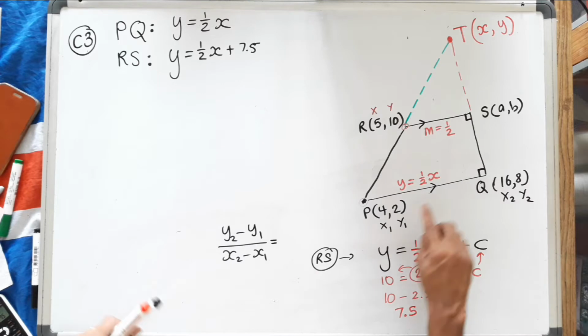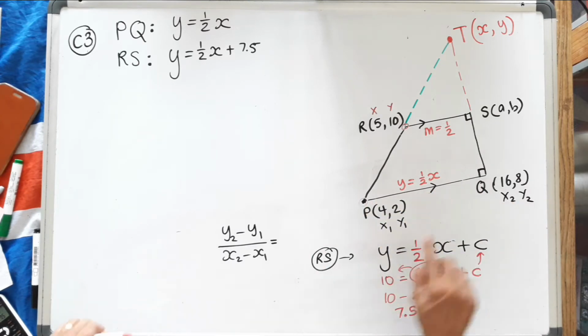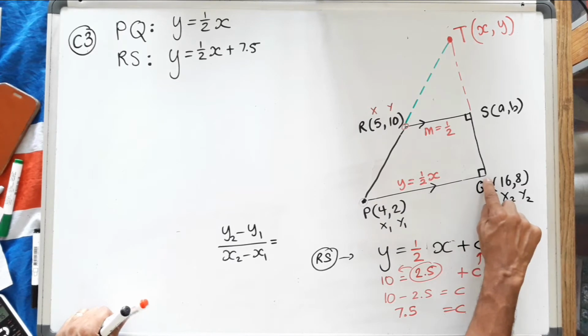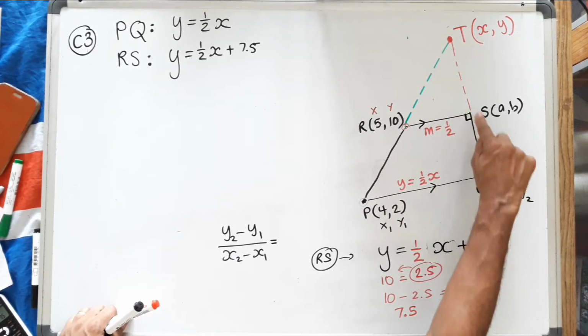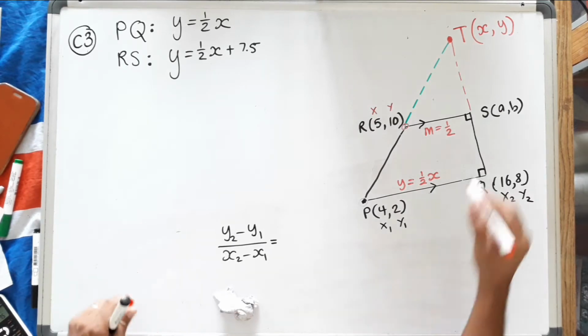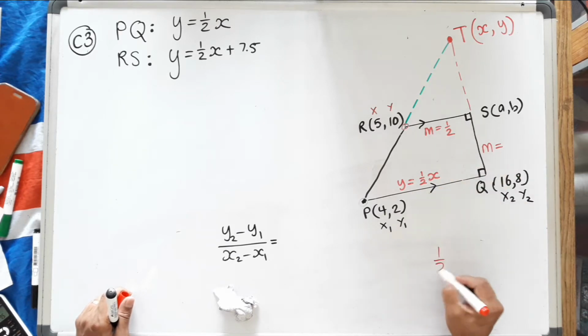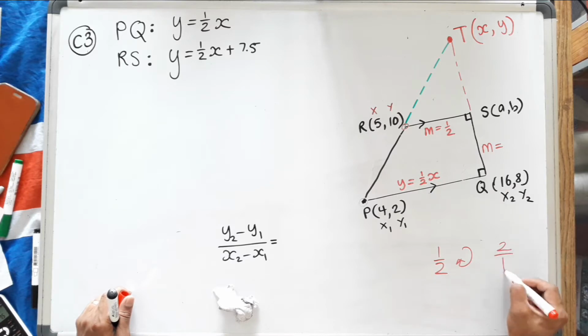Now, you notice that the gradient of this line is a half, and they put a right angle here. So this line and this line are at right angles, or perpendicular, which means that for the gradient of this line, we just have to take the half and flip it and change the sign. If it's positive, you will get a negative.